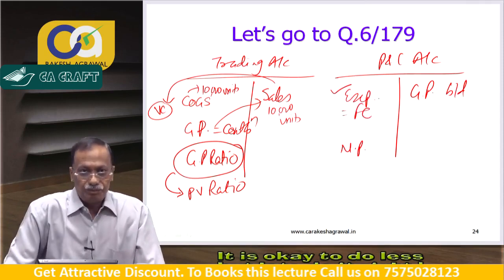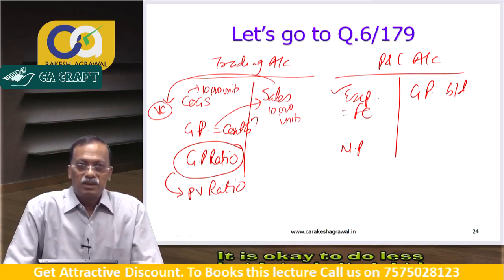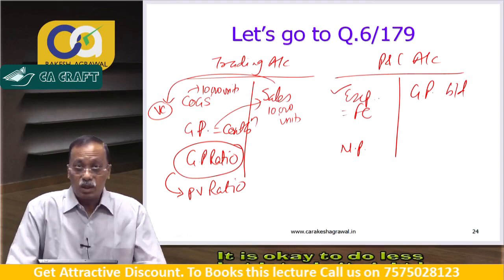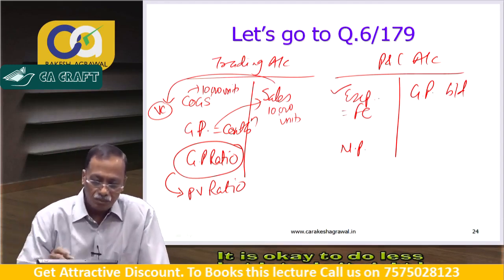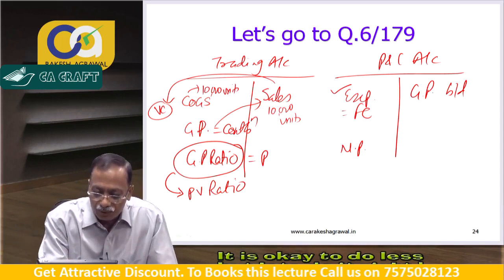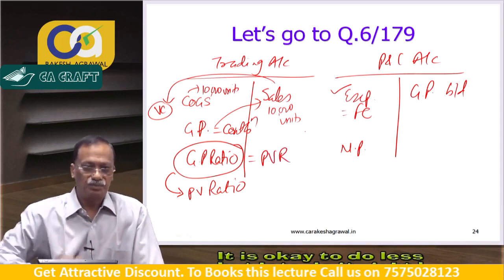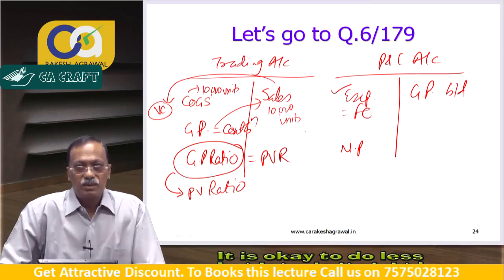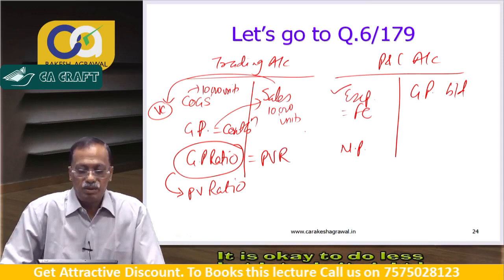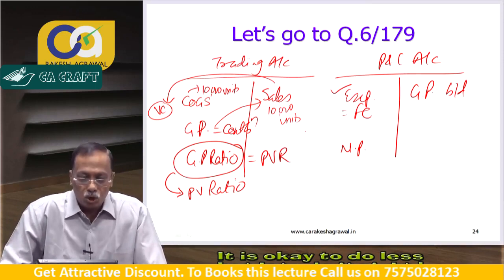If I assume all the expenses debited to profit and loss account are fixed in nature, and this assumption holds good, then gross profit ratio is equal to profit volume ratio.